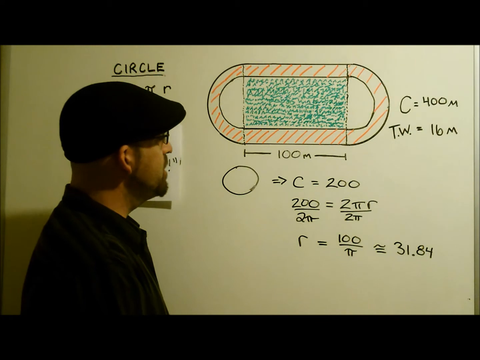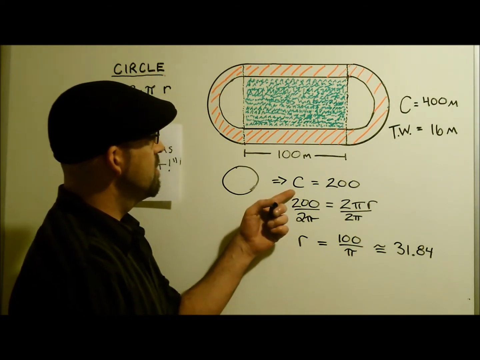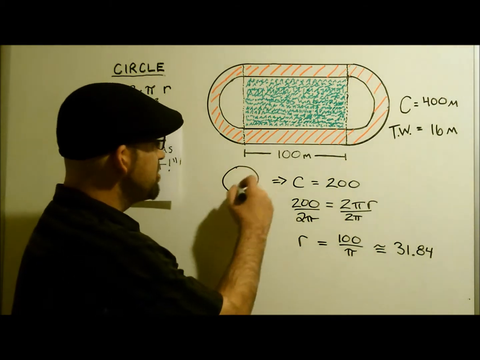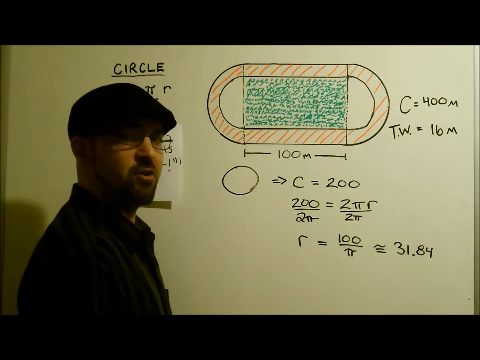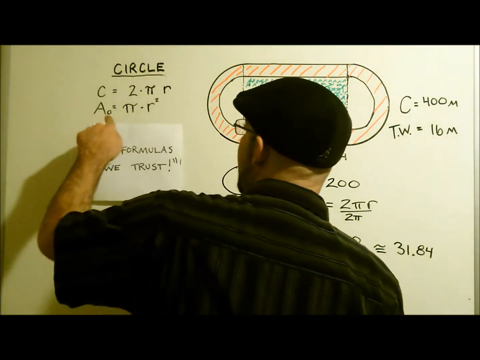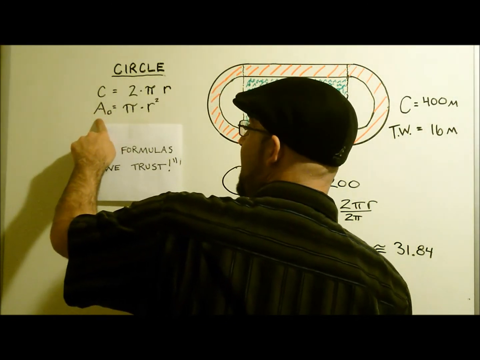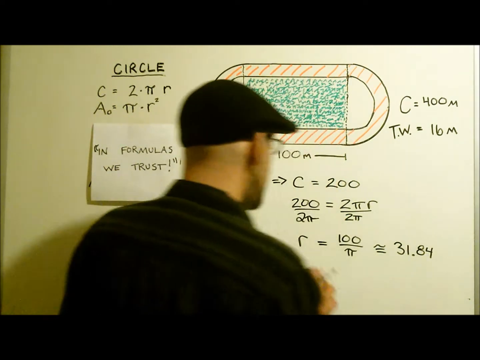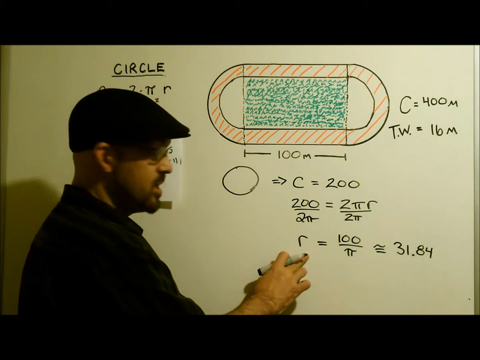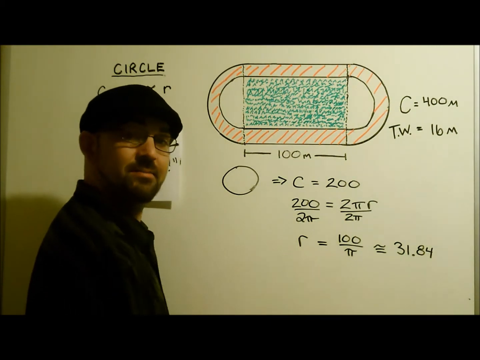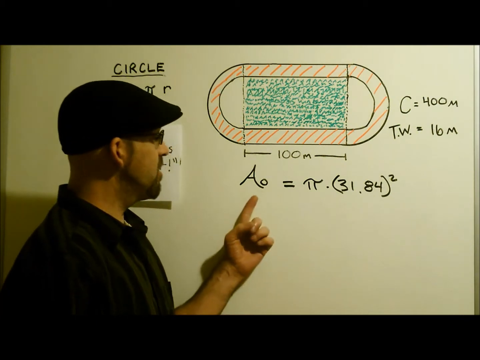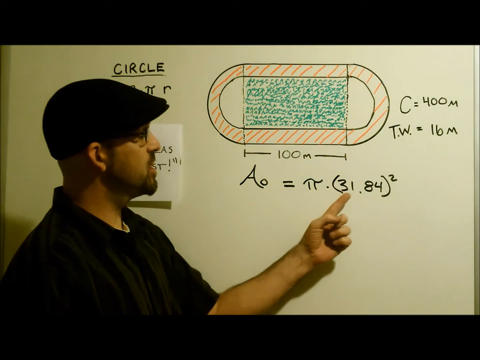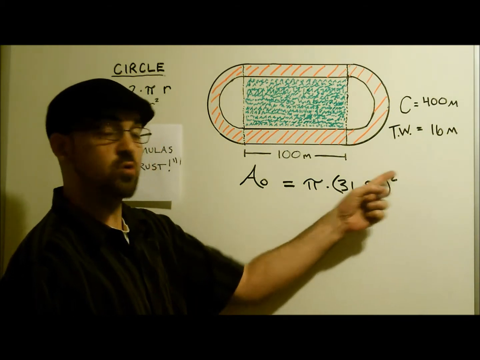Great. Now we know the radius, the circumference, but how do we find the area of this entire circle? Let's go to our formula bank. The area, which we want to find out, is equal to pi times r squared. Well, we know what r is, so why don't we just use that formula? So the area of our circle is equal to pi times r squared, which is 31.84 squared.